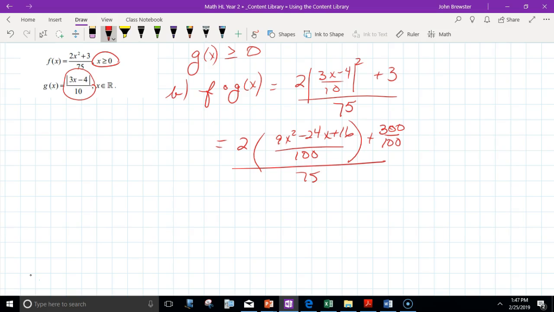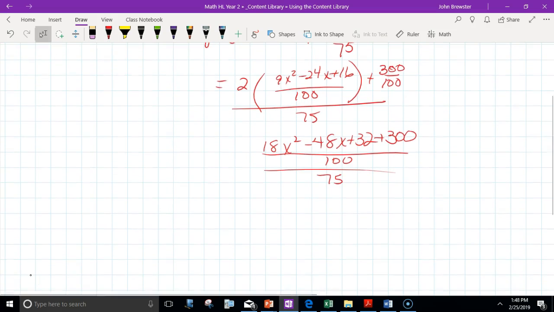Why don't I just distribute that 2 and get 18x squared minus 48x plus 32 plus 300 on the outside, all over the common denominator of 100, and that's all over 75. Now those two denominators can be put together as one, so the numerator is 18x squared minus 48x plus 332 all over 100 times 75, which is 7,500.